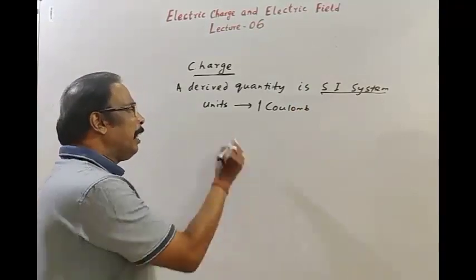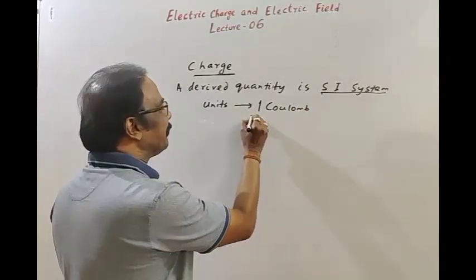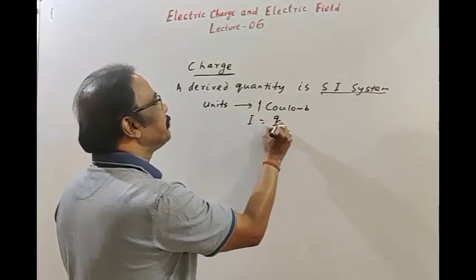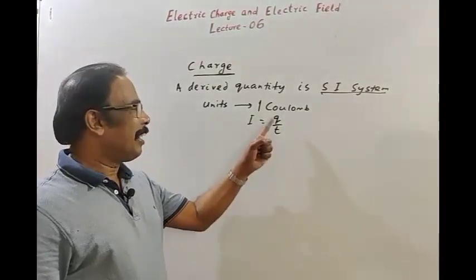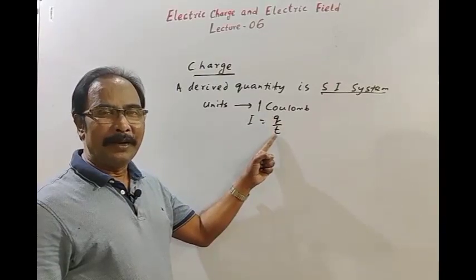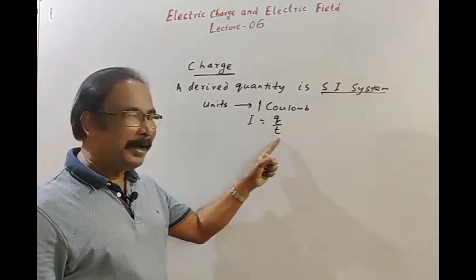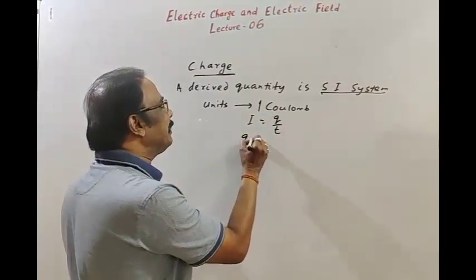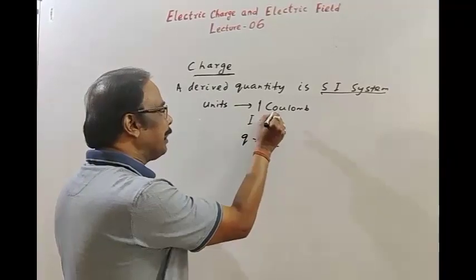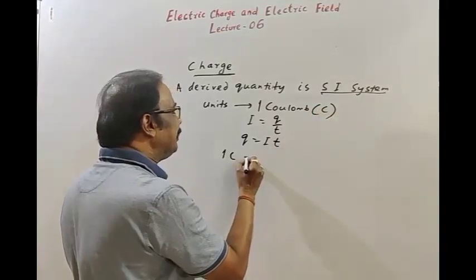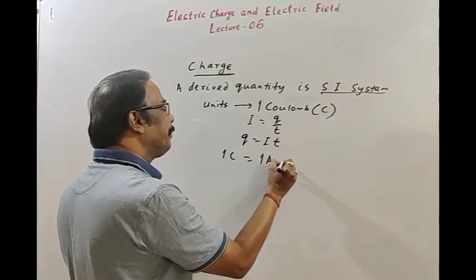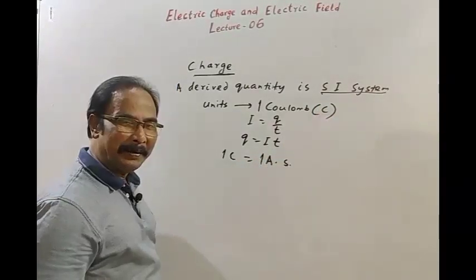And 1 Coulomb, as you know, current strength is defined as the amount of charge flowing per unit time. So I is equal to Q by T. So obviously charge is current into time. The unit of charge is Coulomb, we may write only C, and current is ampere, time is second.